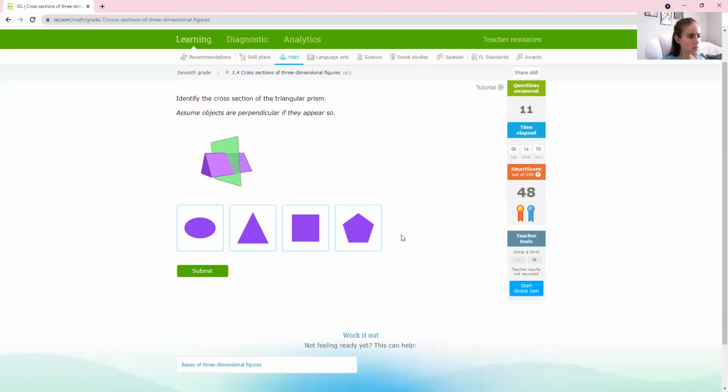Here we have a triangular prism. We're cutting it vertically, so this time we're pulling it apart this way. If we look at our shape, I can see we have a triangle as a base. So if I slice it right there, it's going to be the same. If we slice that, it will be a triangle.